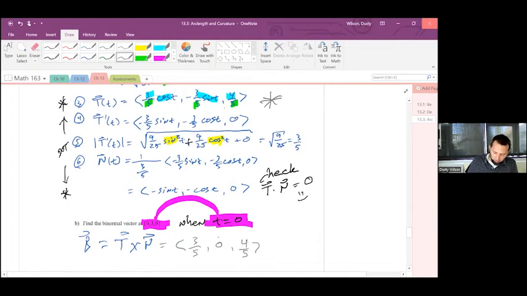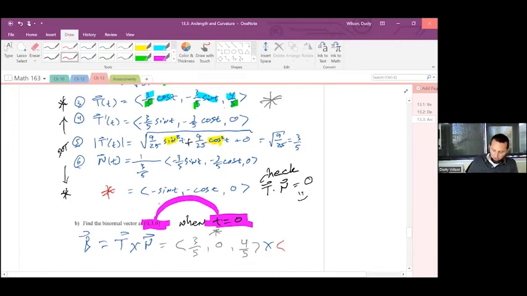This is from the gray star. And then we're going to cross it with the red star, which is when time equals 0.